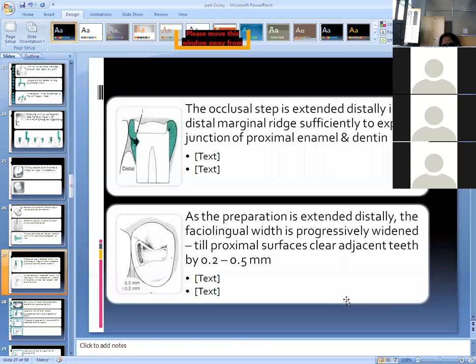Then the occlusal step, how to make the ditch. In that preparation, you see, this proximal surface should be cleared by 0.2 to 0.5 millimeter.